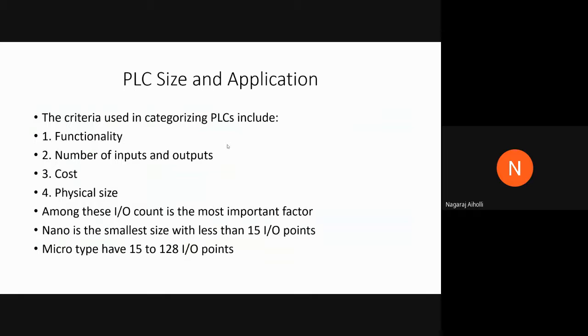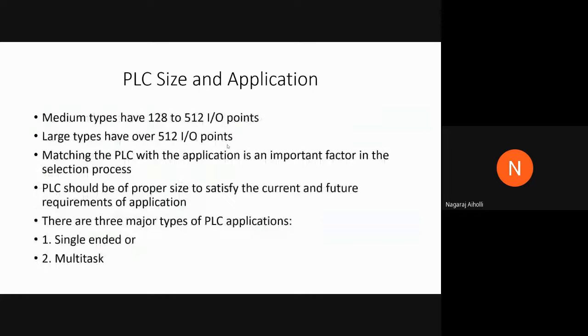Then the input status is processed, and we get the output. So it is one of the important things which decides the process, and hence the IO count is the most important factor. There are different types of PLCs: nano PLCs, micro PLCs, based on these input and output points or terminals. We have medium type PLCs, large type PLCs.